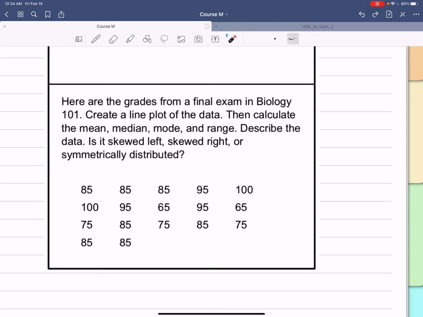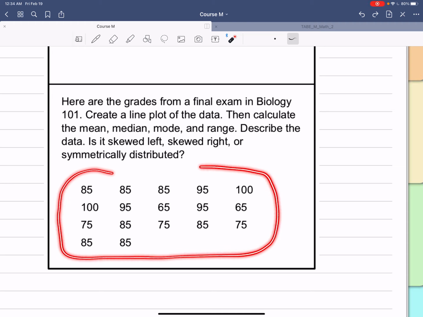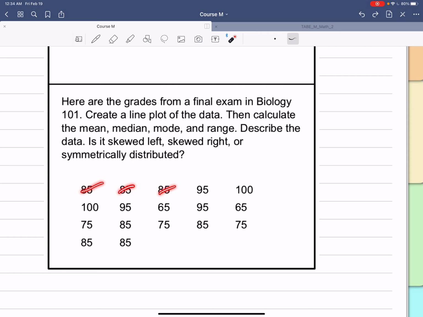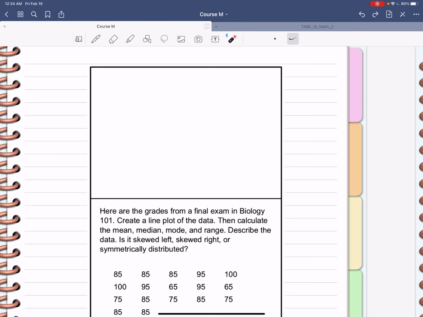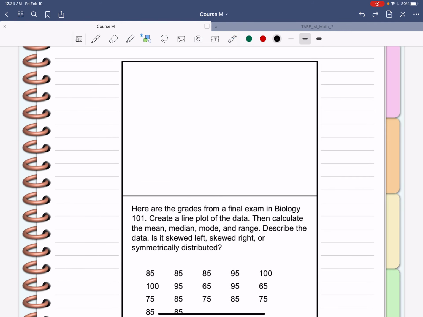So the first thing I'm going to do is count my students in this college class. So I have 1, 2, 3, 4, 5 rows, or 5 in a row times 3, that's 15, 16, 17. So we have 17 students in this college class. All right, let's do a frequency table.